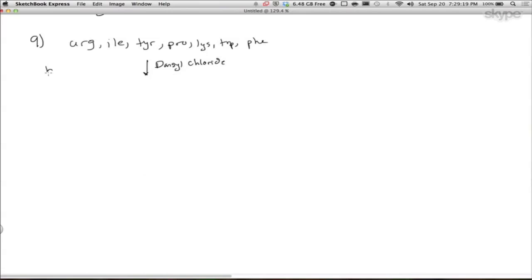Okay, so this is part B, and we're reacting these. Hydrolysis, and then Dansyl chloride, and we get a result of Dansyl isoleucine.